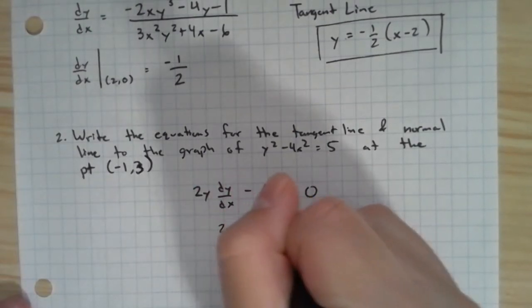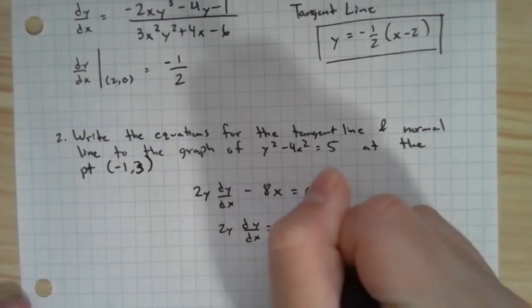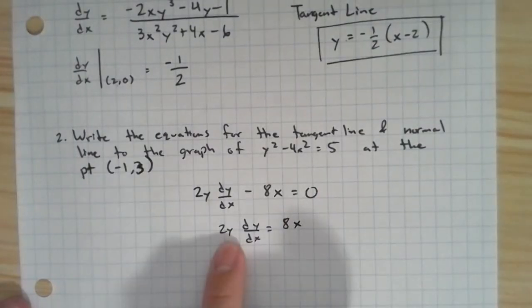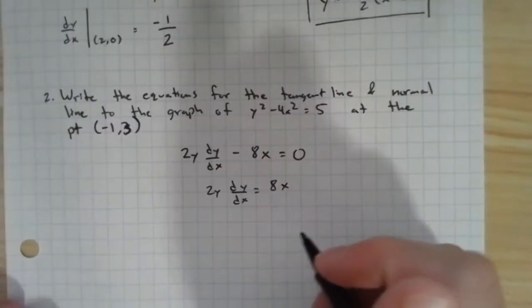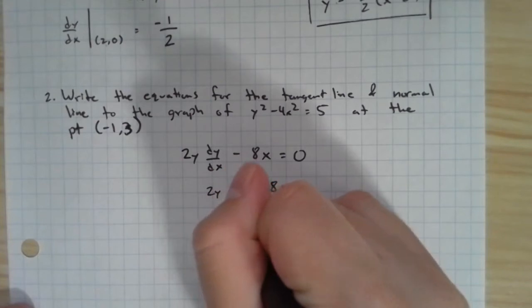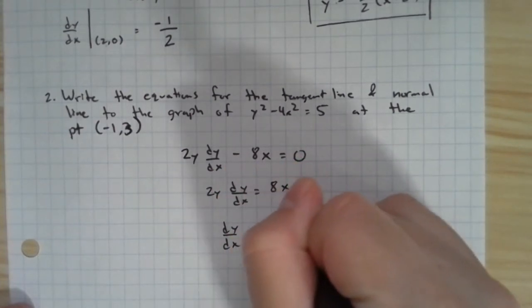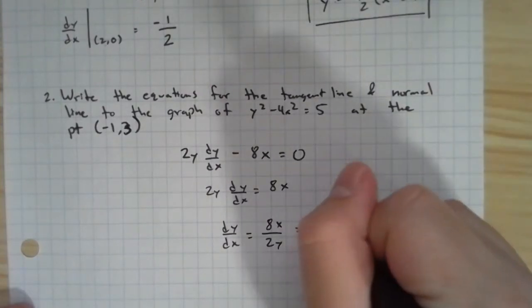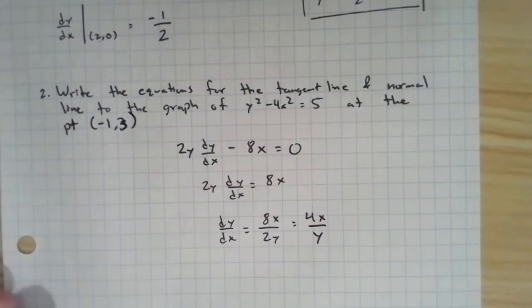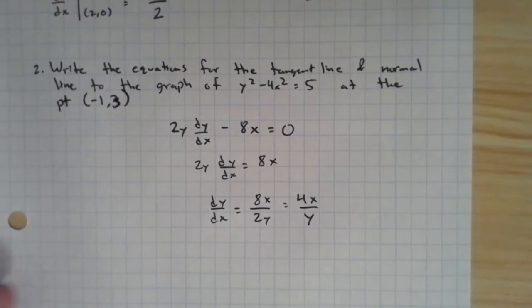So I get 2y dy/dx is equal to 8x. And then I'm going to divide by 2y to finally isolate dy/dx. So dy/dx is equal to 8x over 2y, and that simplifies to 4x over y. Okay, and there you go. That's the derivative.